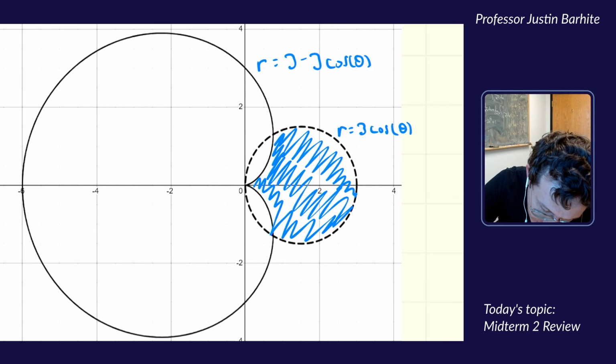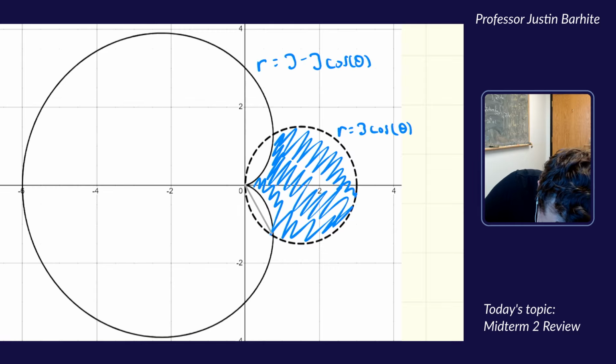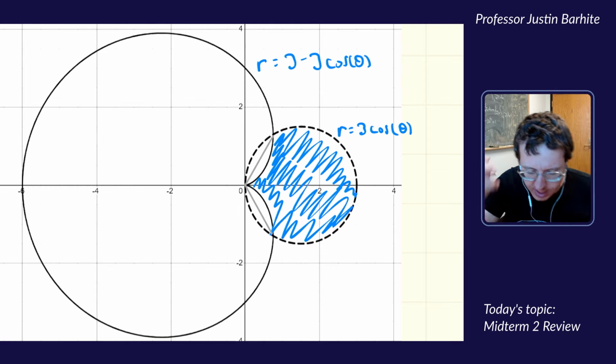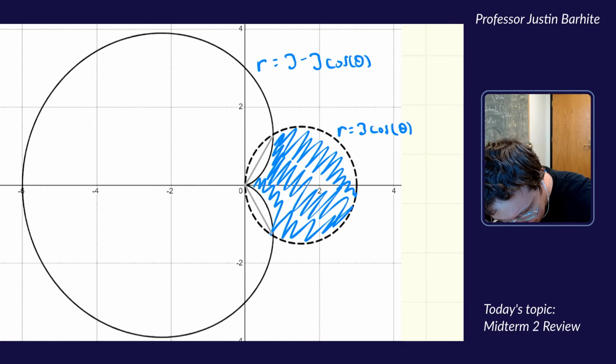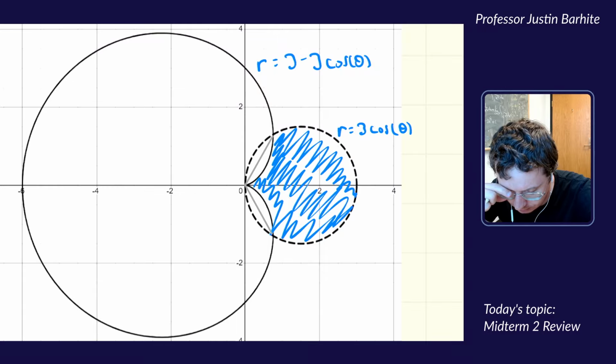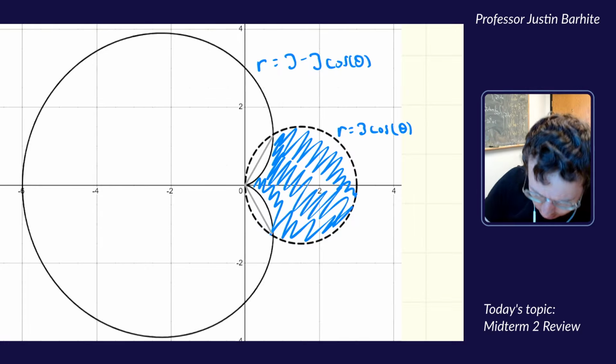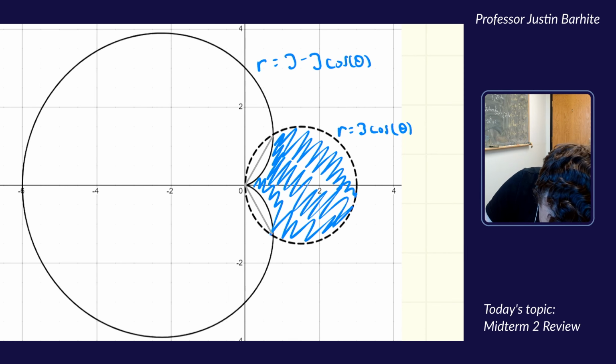To do that, I would need to find these angles because I'm going to set up an integral with respect to theta. Right, so my values of theta are going to start out down at this negative angle and then increase up to whatever this positive angle is.